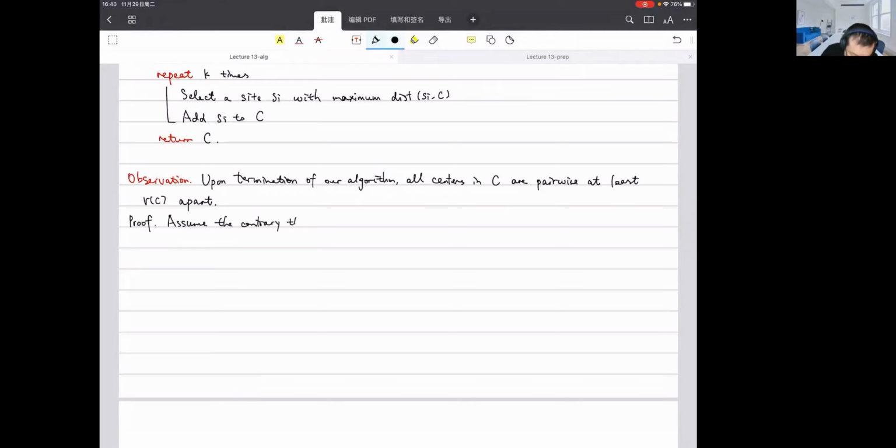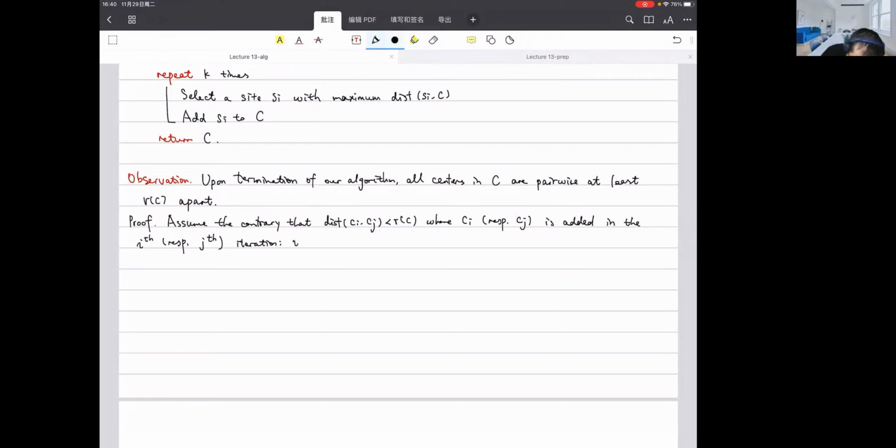Let's say the distance between the centers CI and CJ is smaller than RC, where CI and respectively CJ are added in the I-th and respectively J-th iteration.